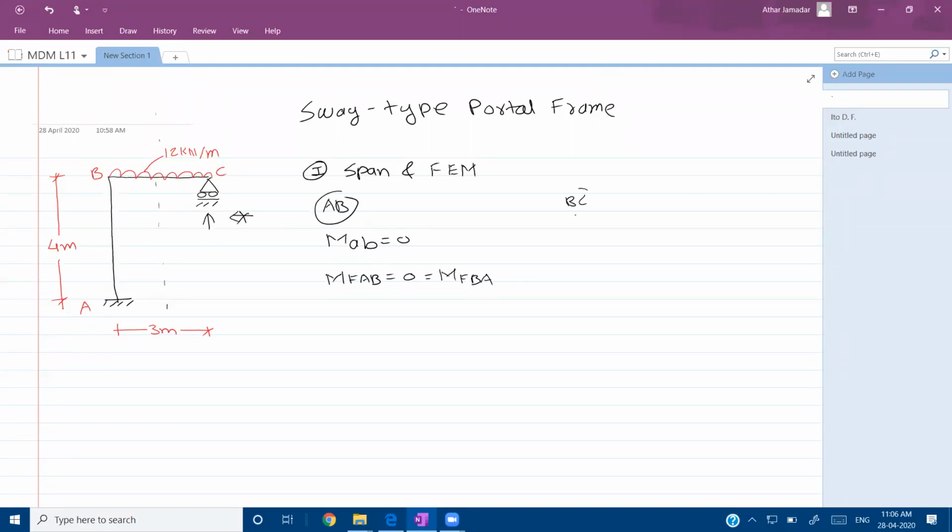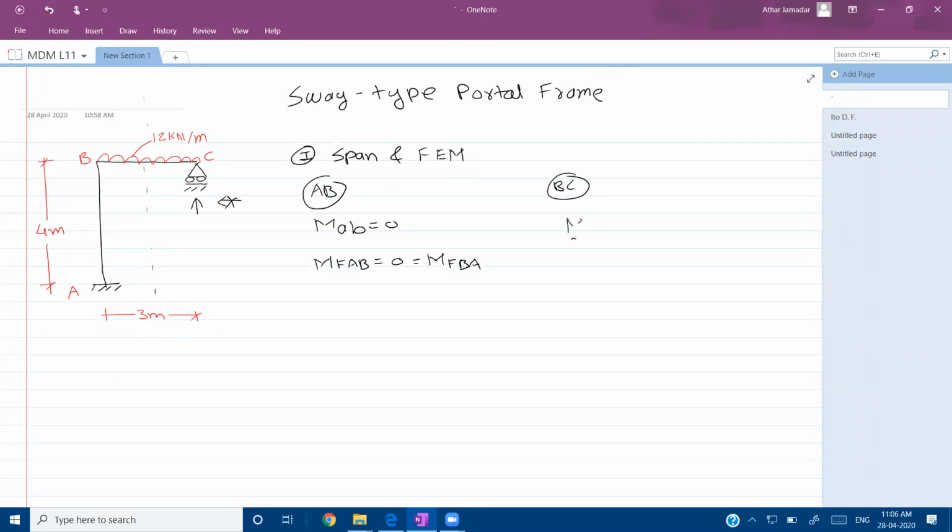And for span BC, now MBC will be equal to WL square divided by 8, where W is 12 into L is 3 square divided by 8. So this comes out to be 13.5 kilonewton meter, and MFBC is now going to be minus WL square divided by 12.